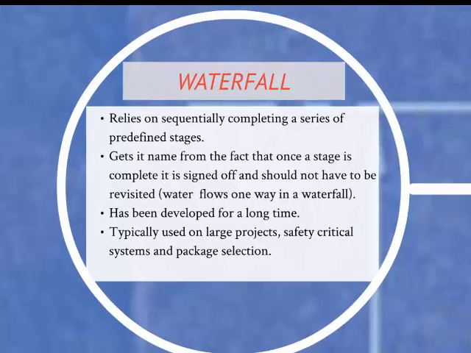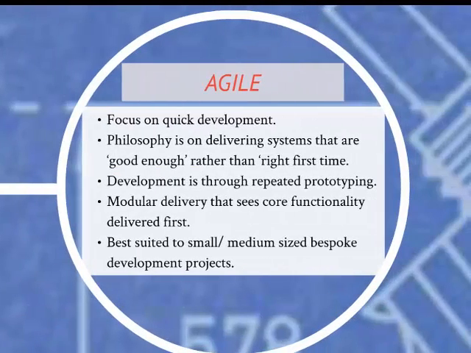The waterfall gets its name from the idea that when the water falls over the edge of the cliff, it doesn't go backwards. So in the waterfall methodology, once you've completed a stage, there should be no need to revisit it.